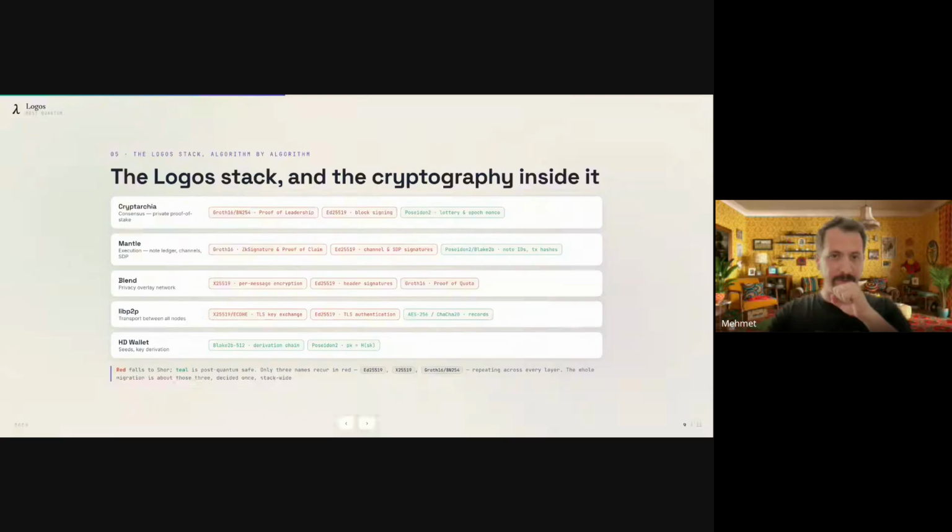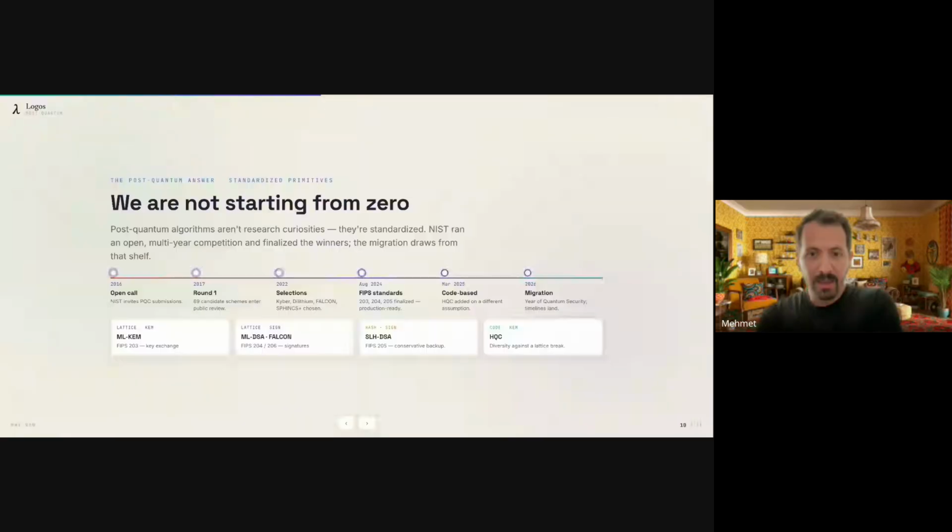And also the other good news: okay, we have some classical asymmetric cryptography, but we are aware of that problem, and in 2016, NIST started a competition to design post-quantum asymmetric cryptographic algorithms, and it's almost finalized.